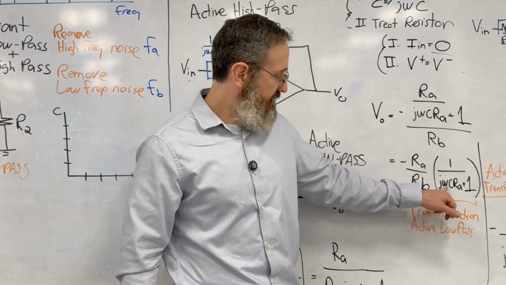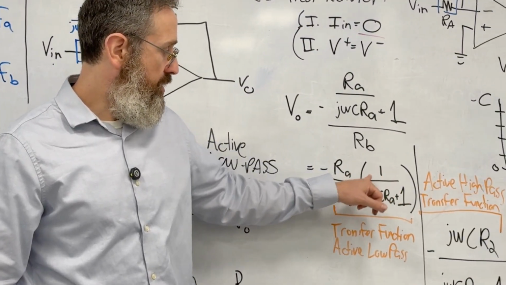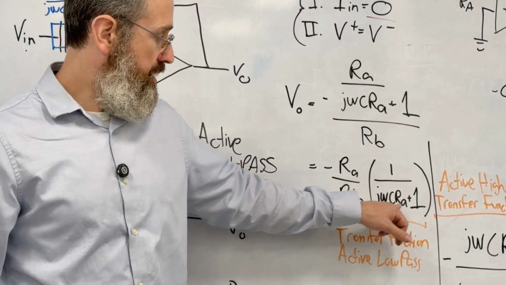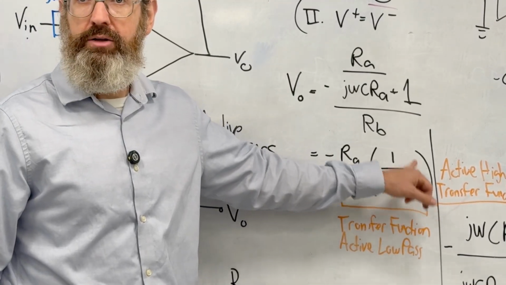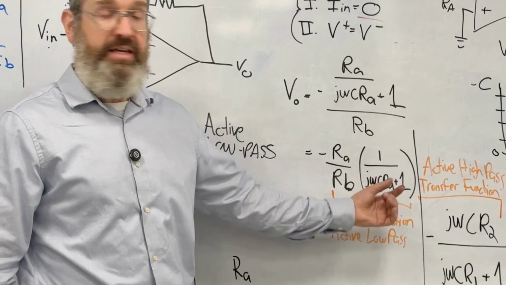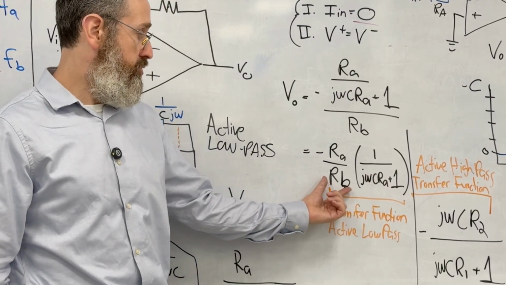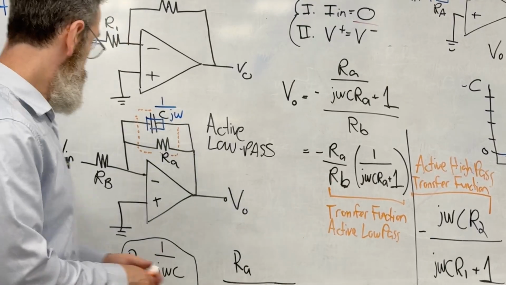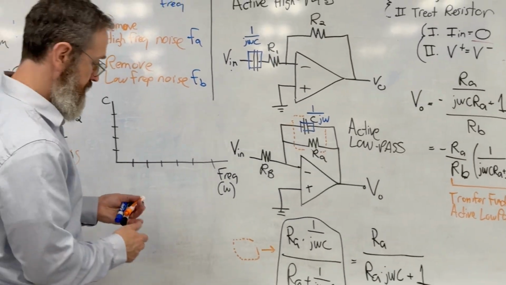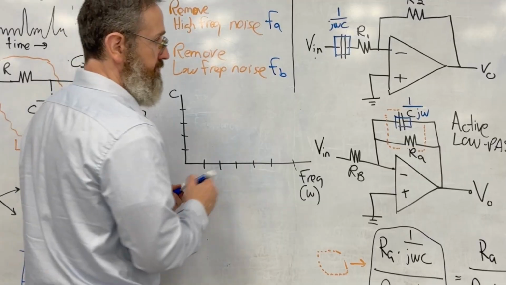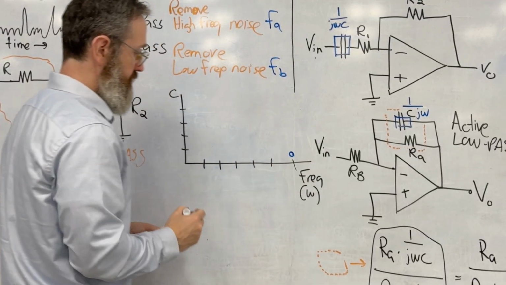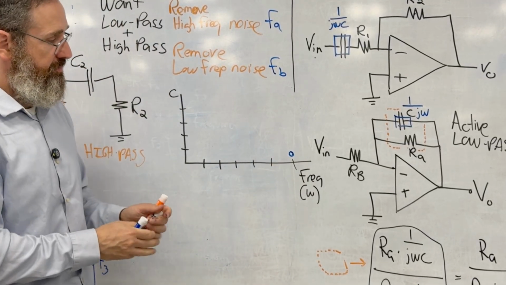If the frequency is very big, we get 1 over j billion plus 1, right? 1 over a billion. This term here becomes very, very small. And in fact, it will crush this term as well. So for high frequencies, we are here. Right, we're at 0.